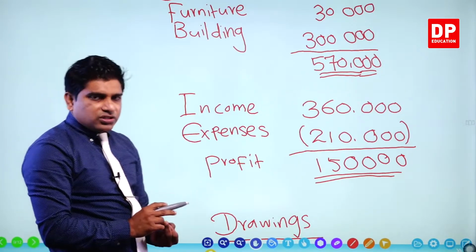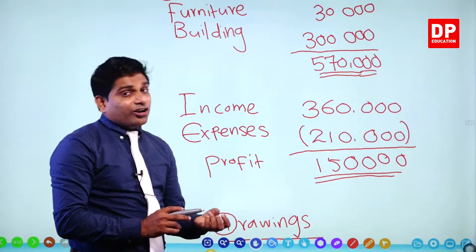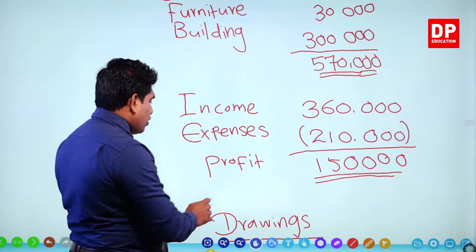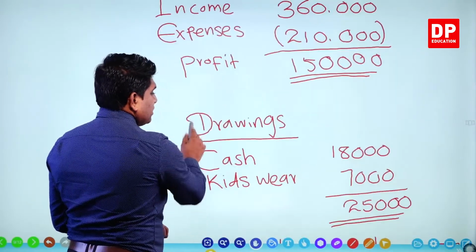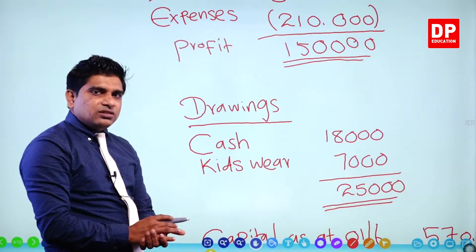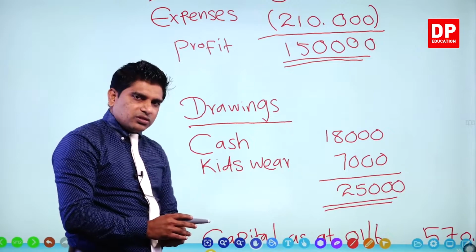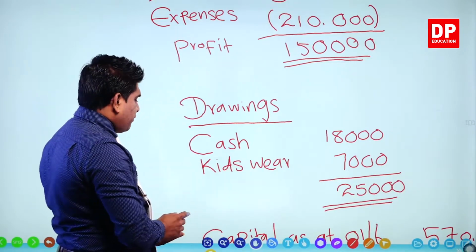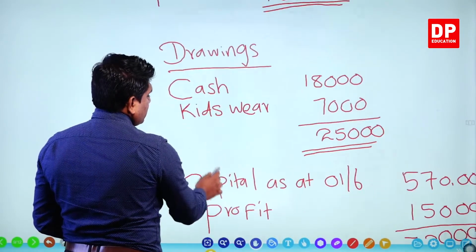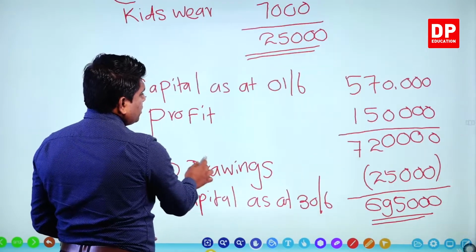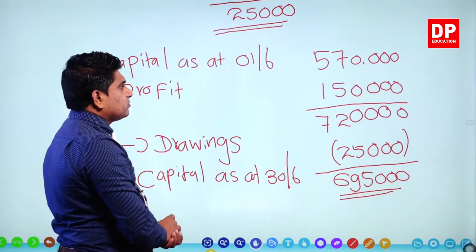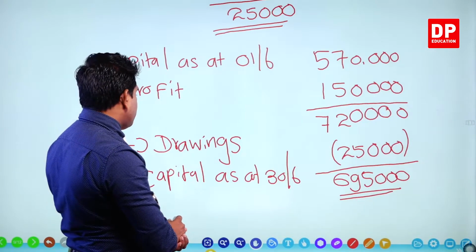There are two drawings, cash drawings and stock drawings, right? Cash drawings are given here, 18,000. Stock drawings 7,000. The total drawings 25,000. Referring to these details, we can find how much the capital, how much the equity is at the end of the period.